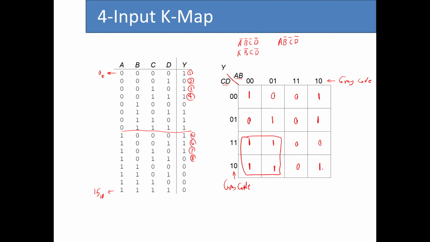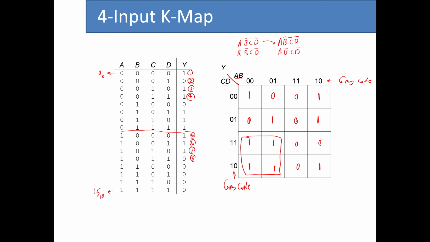And then for this corner, we have A, B bar, and then C, D bar. So now let's see how many changes we have if we go from one corner to another.